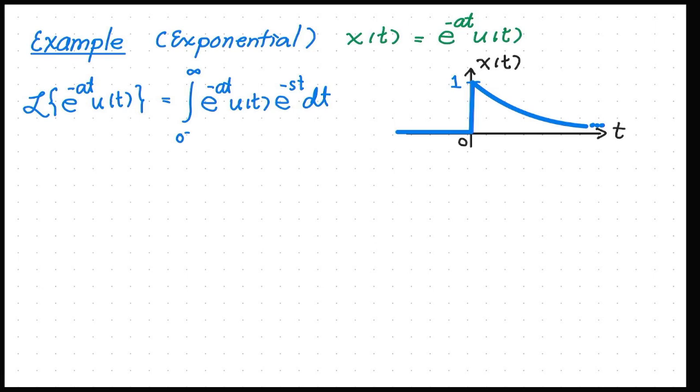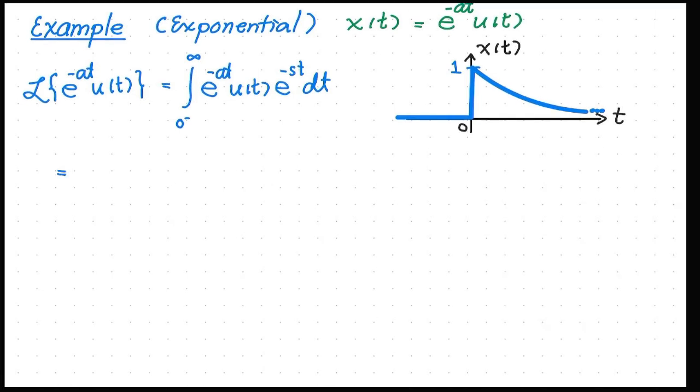Because of the nature of u, we start from 0 to infinity, and we can drop the u notation because u is 1 in this interval. So we have e to the negative (a plus s) t dt. Then we do the integration, which gives 1 over a plus s.